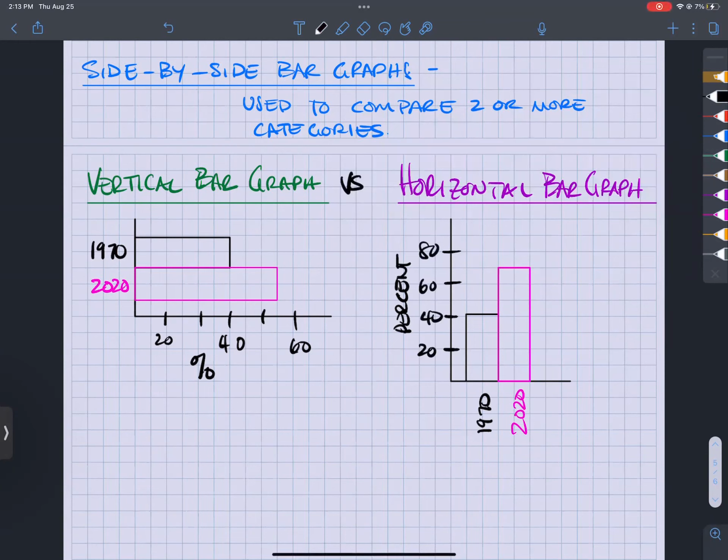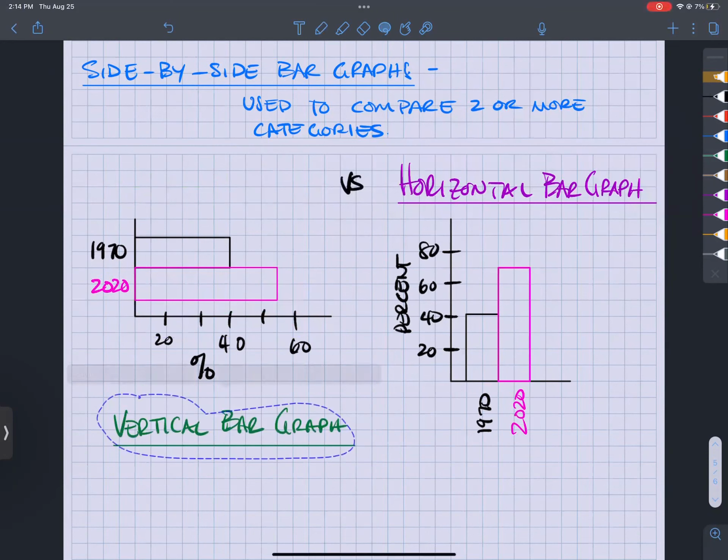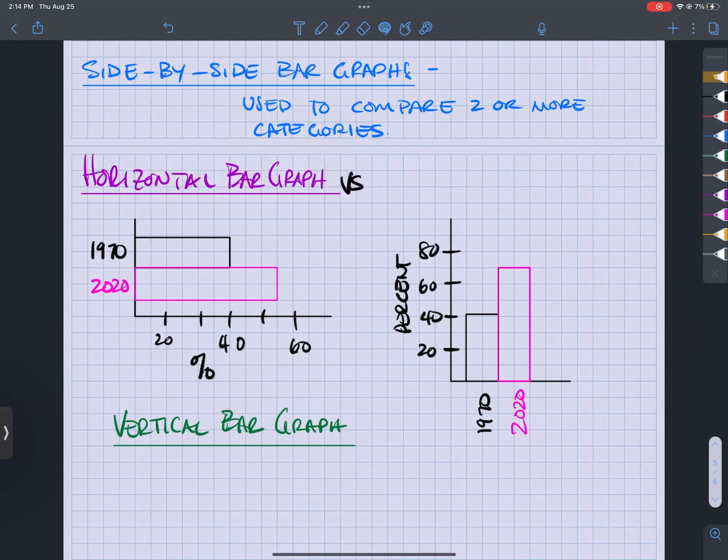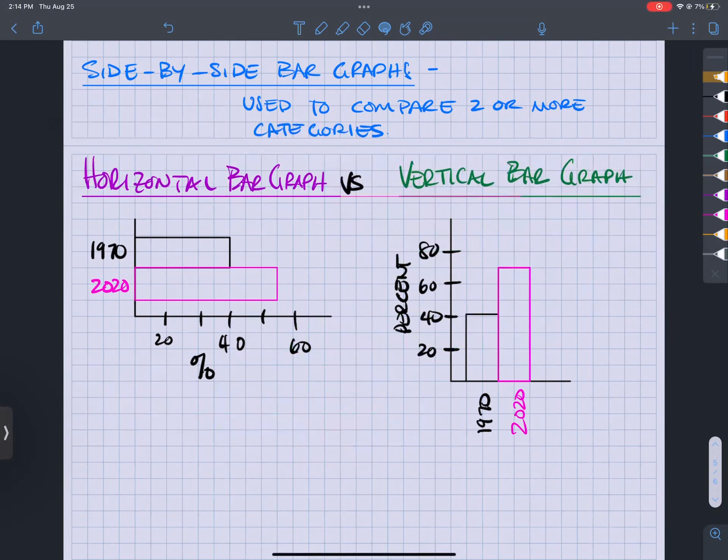What's the difference between those two? Sorry, guys, I got these two switched. So the bars are horizontal rather than vertical.